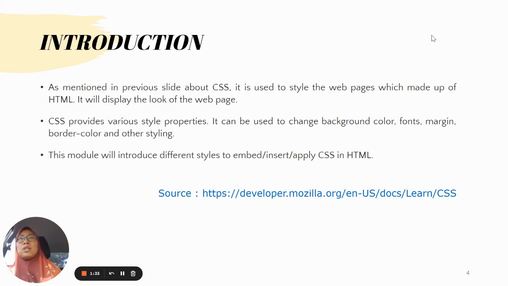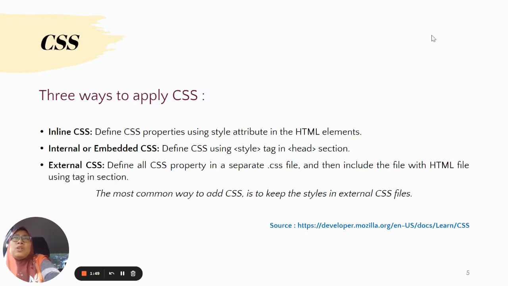Okay, in this module, you look into different ways to style the web pages by inserting the CSS, by applying the CSS, or by embedding the CSS inside the HTML. So there are three ways for you to apply the CSS.